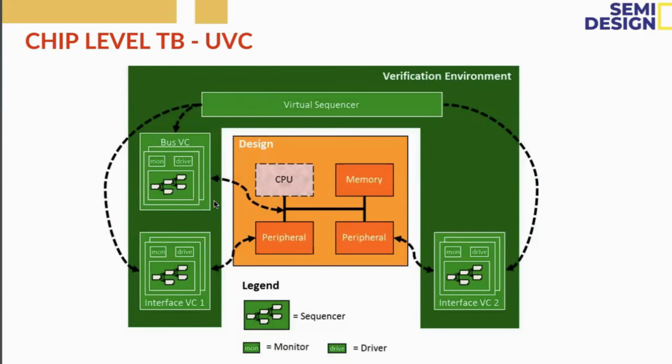One doubt. Do we need a virtual sequence in this DB? Yes, virtual sequences are required. Virtual sequence means if there are multiple components, then we can generate the virtual sequences for all. In place of generating sequences for each IP separately, we can create one virtual sequence.